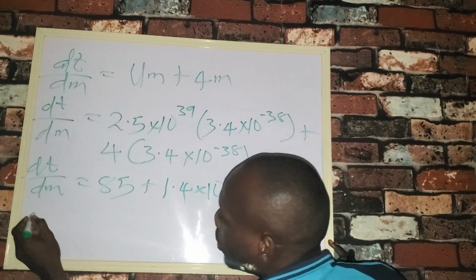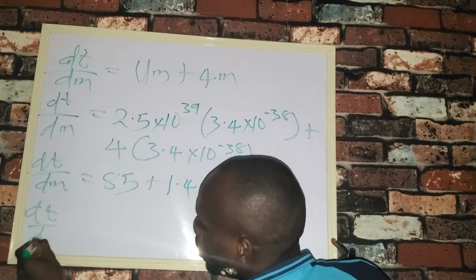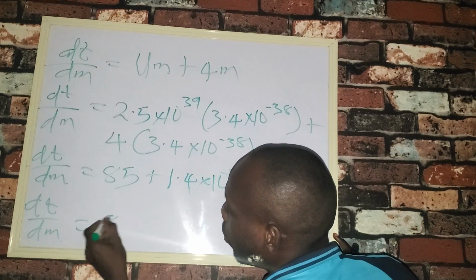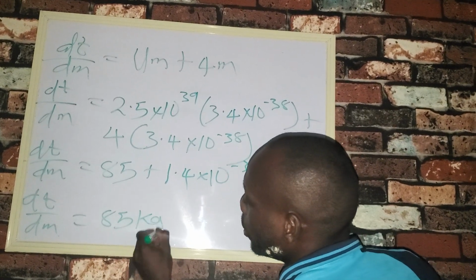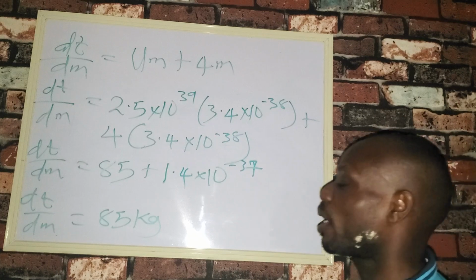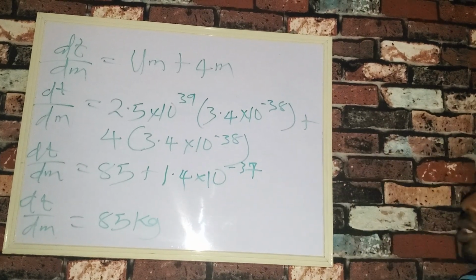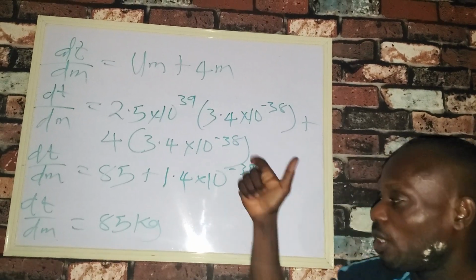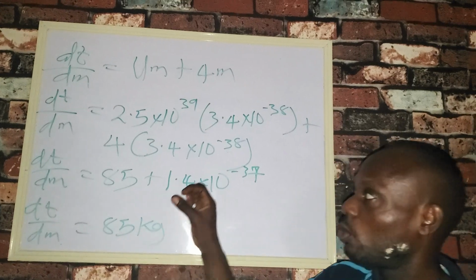So when we add this, we have 85. Then we have 85 kilogram instead of 86 kilogram. With this, we say the 1 kilogram is being converted to it.